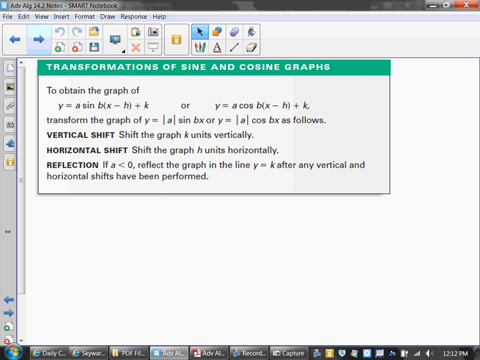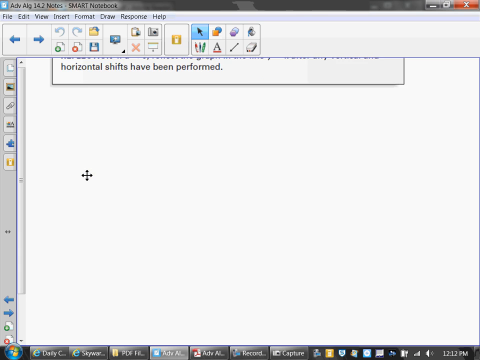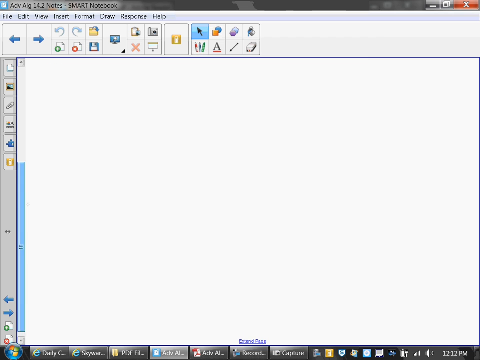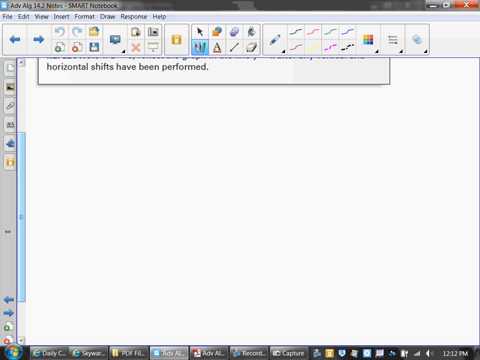So here we go. Here's what they look like. And what I'm going to go through, you already know all this. What I want you guys to see is the new ideas. We know this: y equals A sine B times the quantity x minus h, plus k.